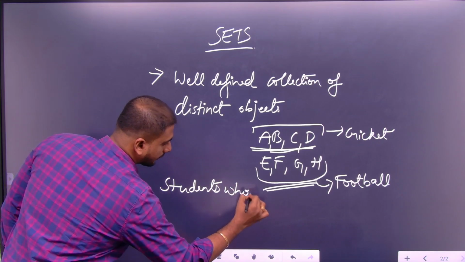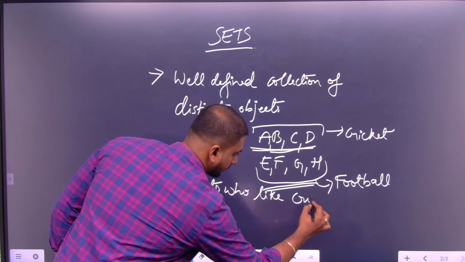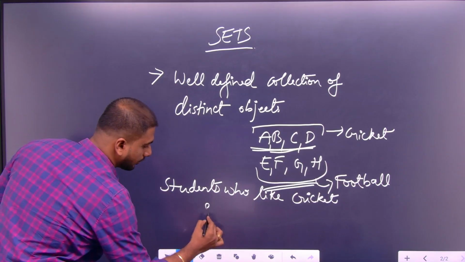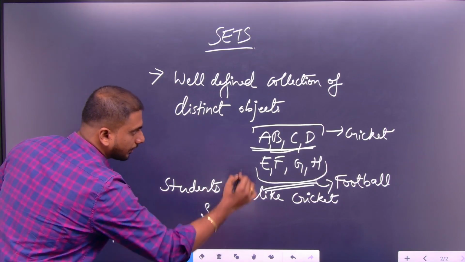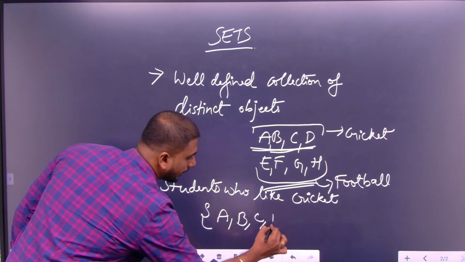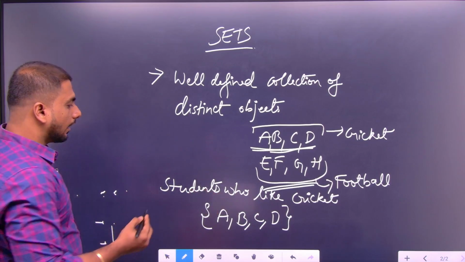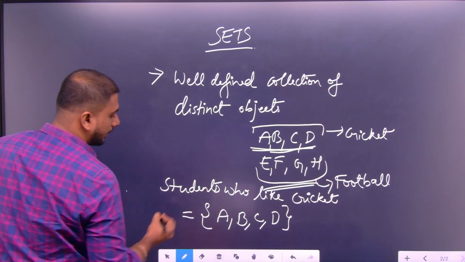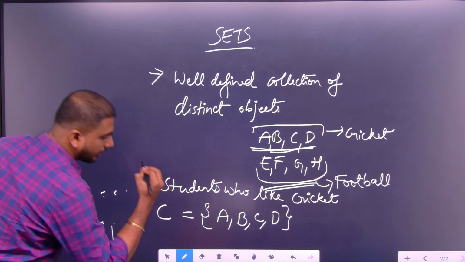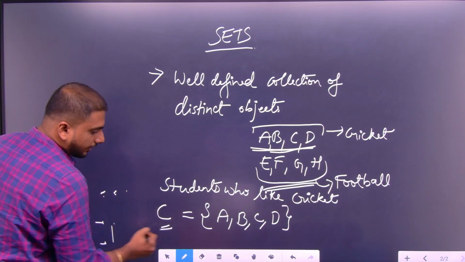Now the students who like cricket, if they are grouped into A, B, C, and D in this case, are represented by a capital alphabet C, because I have named it C since they like cricket.